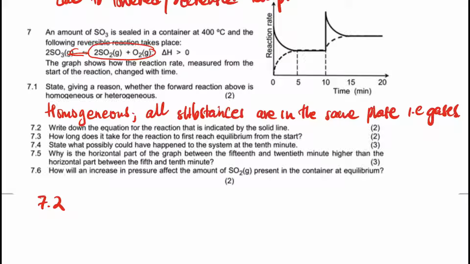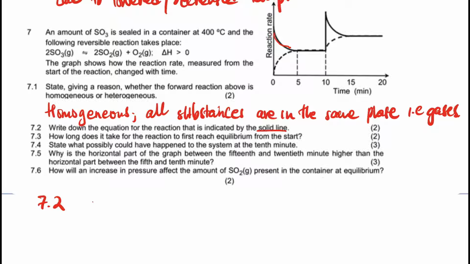Alright. So the solid line is the forward, so they want the forward. If they want the forward reaction only, guys, this is what you do. You write the same reaction, but you only have one arrow that shows forward.